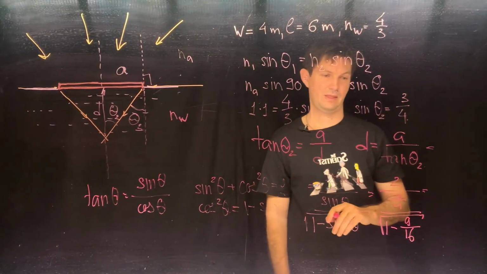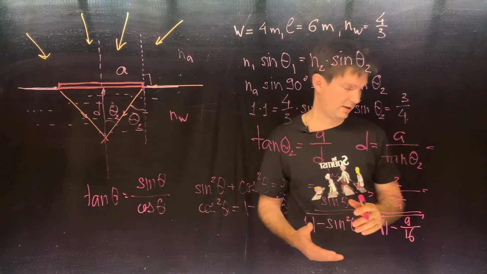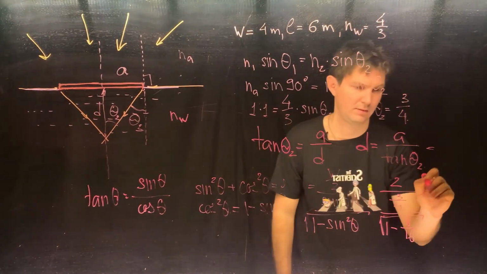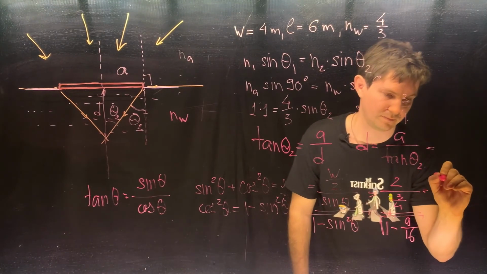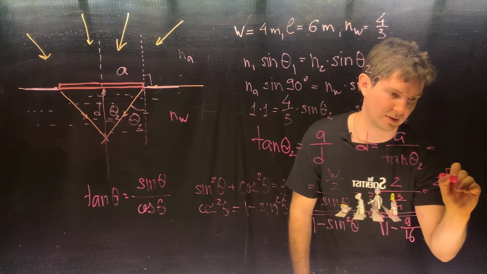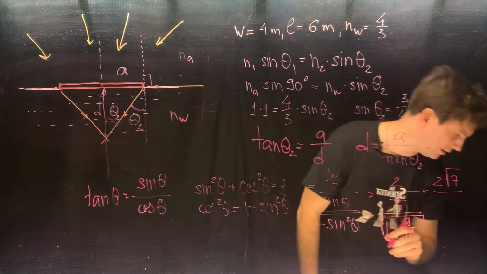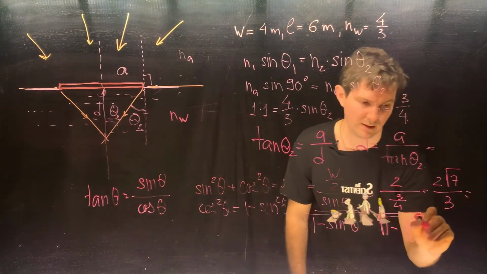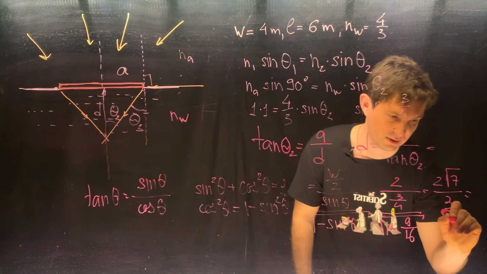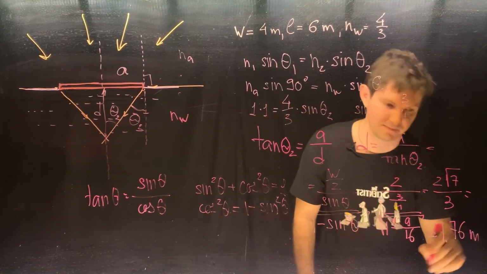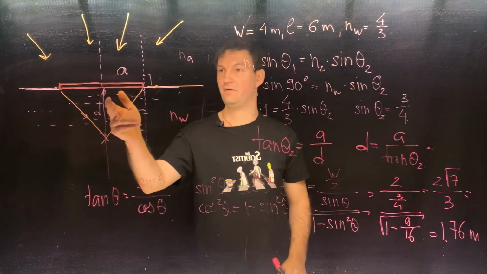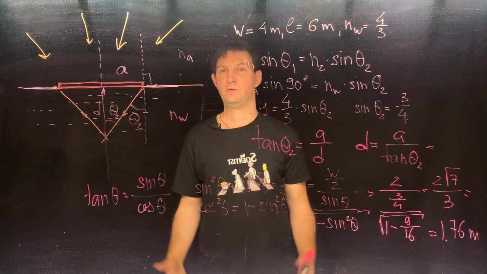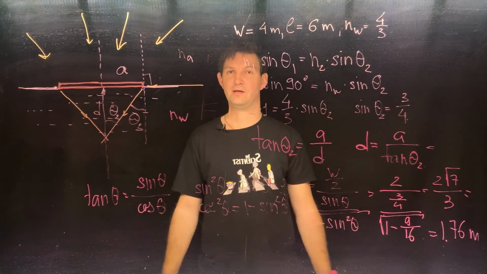And I have the answer: 2 multiplied by the square root of 7 and divided by 3. It is almost 1.76 meters. So the depth of the shadow is 1.76 meters. So we just solved the task. Congratulations.